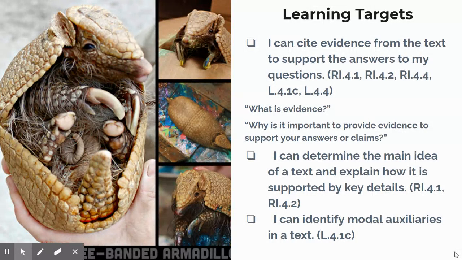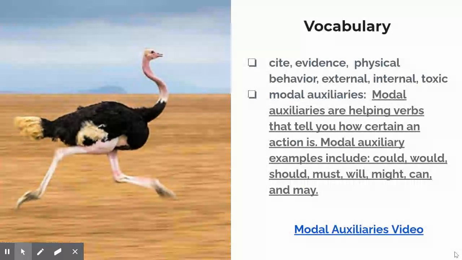These are learning targets. I can cite evidence from the text to support my answers. And I can determine the main idea of a text and explain how it is supported by key details. And I can identify modal auxiliaries. What are modal auxiliaries, you ask? Well, hang on. We'll get to that in just a second. Think about these vocabulary words. Cite means point something out or give it credit.